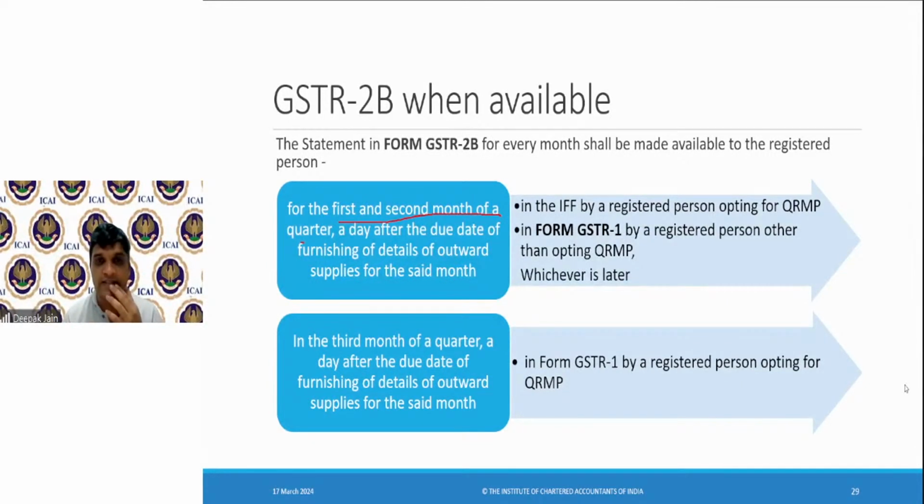So when is GSTR-2B available to me? Whichever is the latest date, of the IFF by the supplier opting for QRMP or the GSTR-1 by the supplier, that date you will be able to download GSTR-2B. Which means what? When is GSTR-1 filed? When is the due date, and when is the due date for IFF?